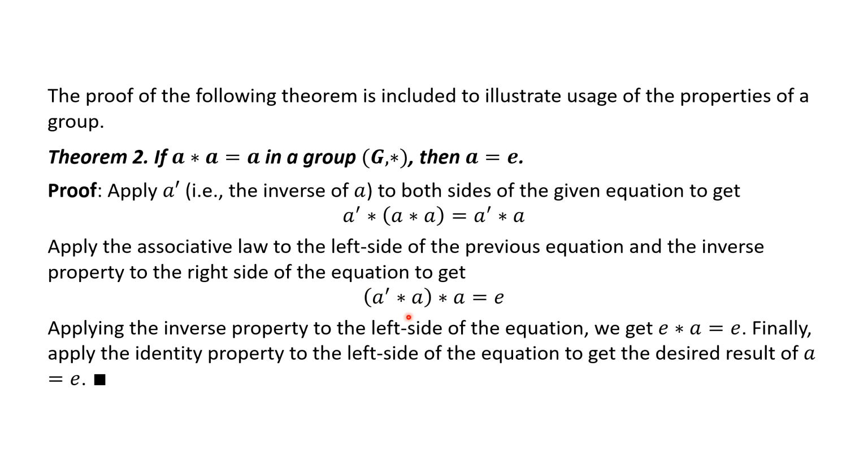Then we apply the identity here, and you get the identity times A equals the identity, and finally apply the identity property to the left side, and we just get A equals E, which is the identity. So that's what we wanted to show.